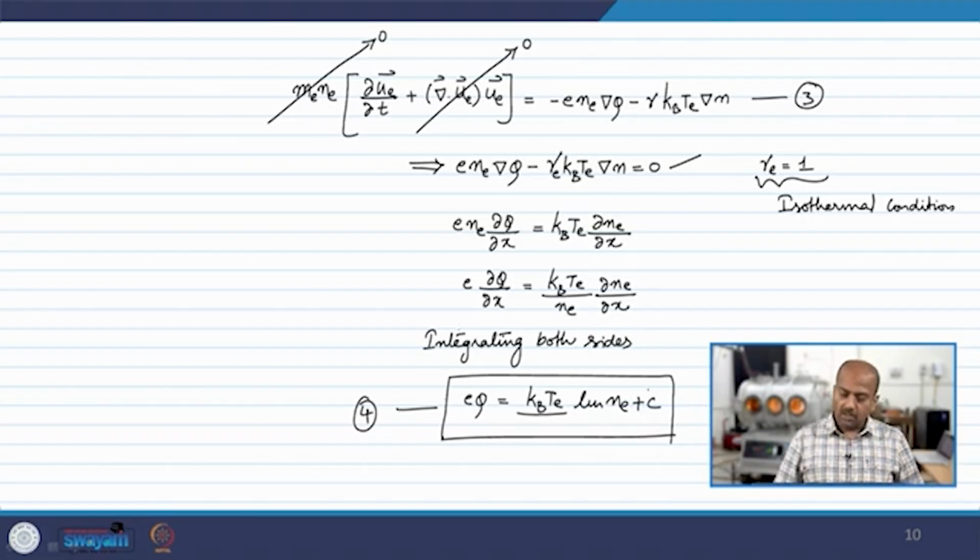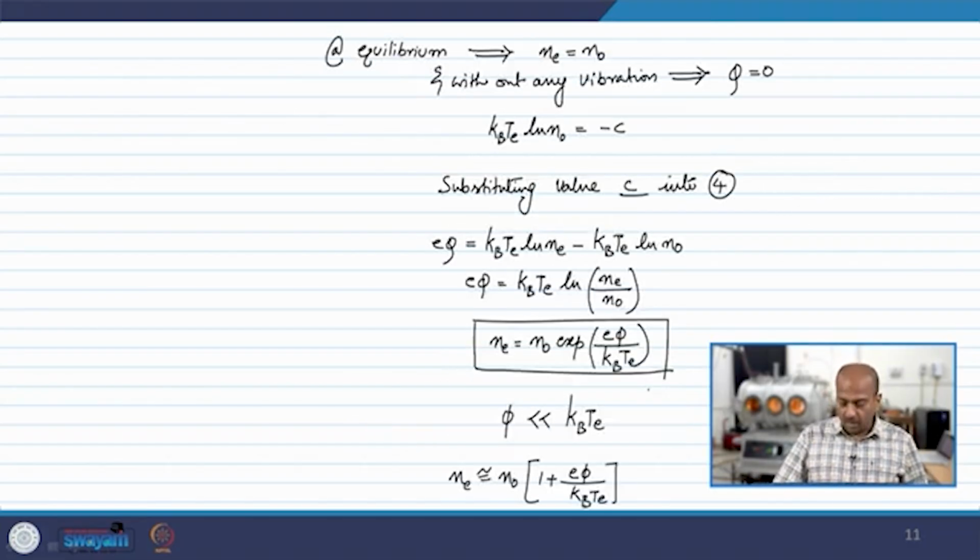So, we have this constant C, and in order to evaluate the value of that constant, we consider equilibrium. At equilibrium, NE, the number of electrons, is equal to the equilibrium value N naught, in the absence of any vibrations, because the vibrations are the ones in which the information about the electric field constituted by ions is transmitted by virtue of its charge.